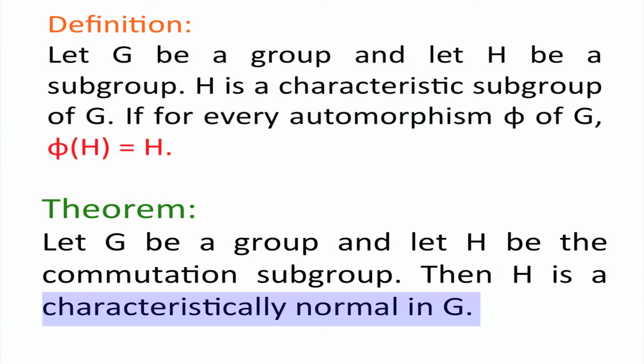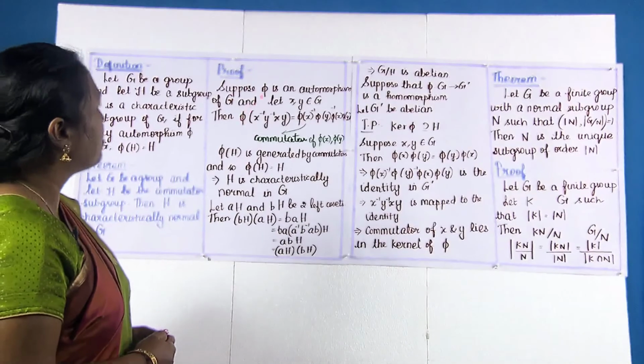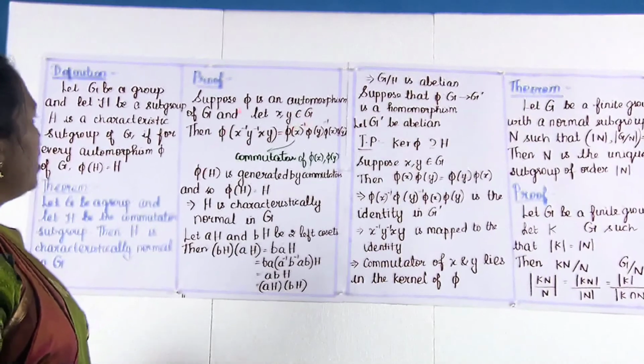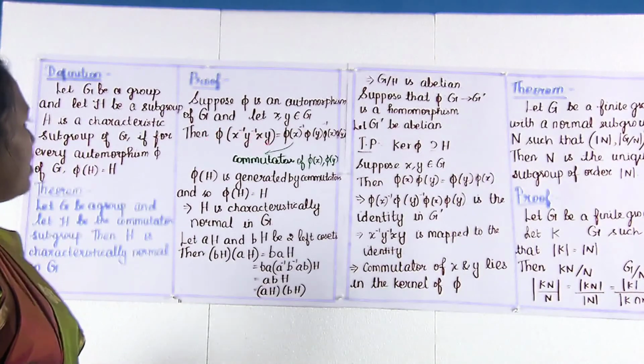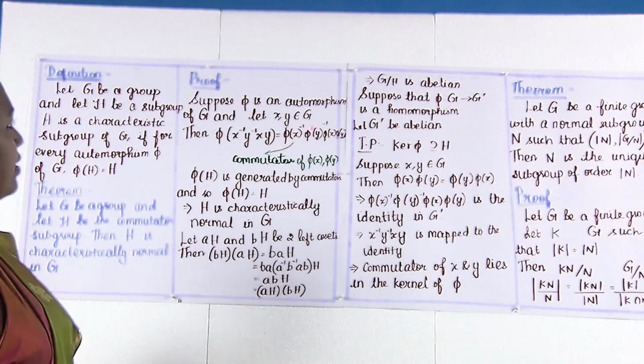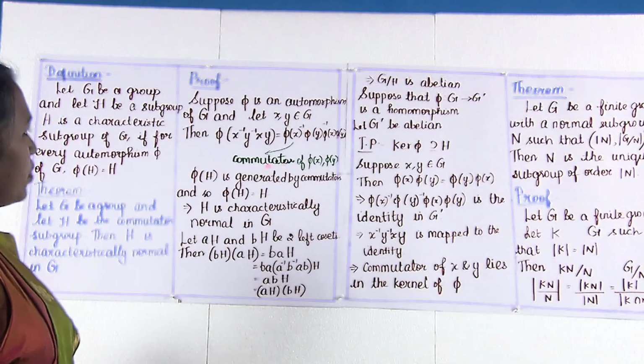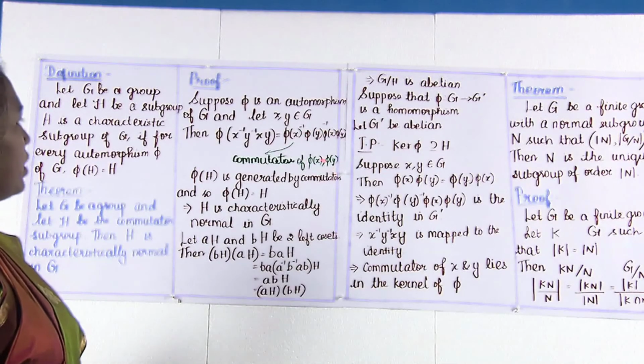So, characteristically normal. Now, the proof is, suppose phi is an automorphism of G and let x, y belong to G, then phi of x^-1y^-1xy is equal to phi(x)^-1 phi(y)^-1 phi(x) phi(y). Let us recall that this is the commutator of phi(x) and phi(y).